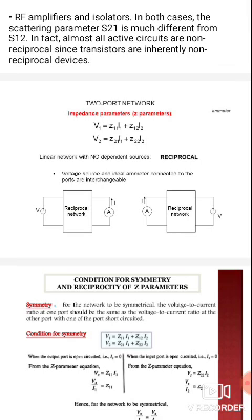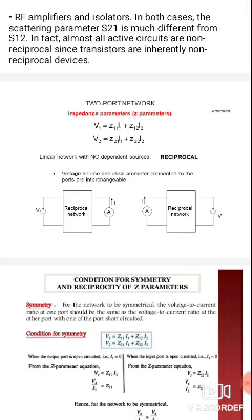So here the equations are V1 is equal to Z11 I1 plus Z12 I2, and V2 is equal to Z21 I1 plus Z22 I2. Here, Z11 equal to Z22 means symmetry, and reciprocal means Z12 is equal to Z21. So, a linear network with no dependent sources. Independent variables are called parameters.